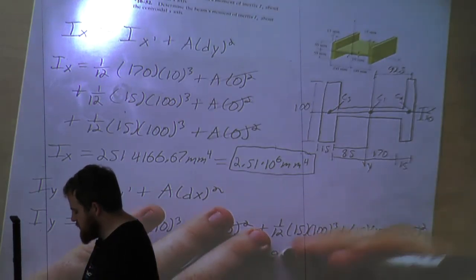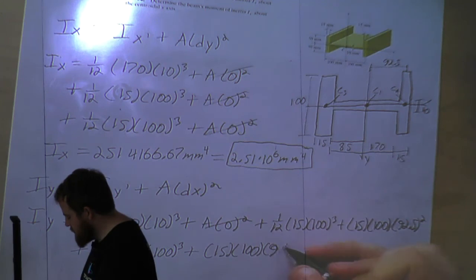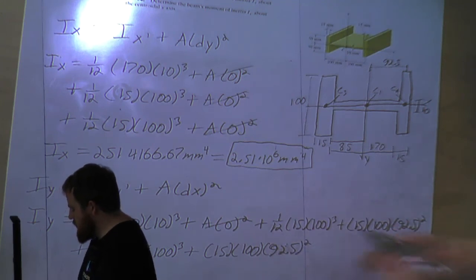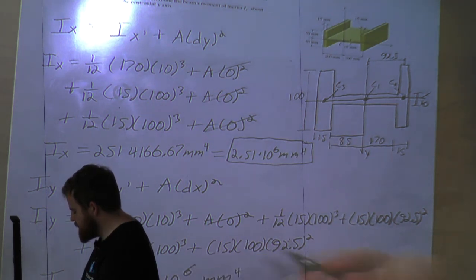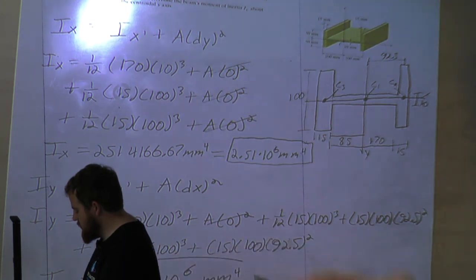My gosh. Okay. And that's going to give us our IY is 29.8 times 10 to the 6th millimeters to the fourth. And then we're done.